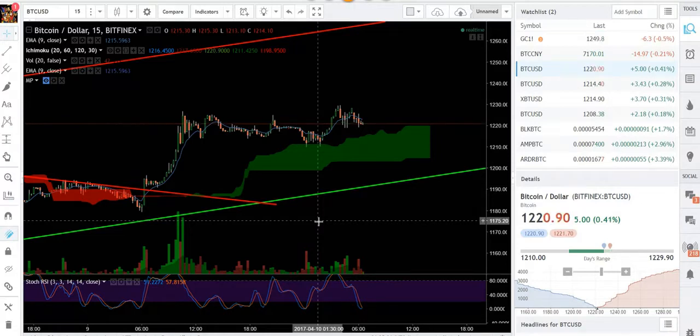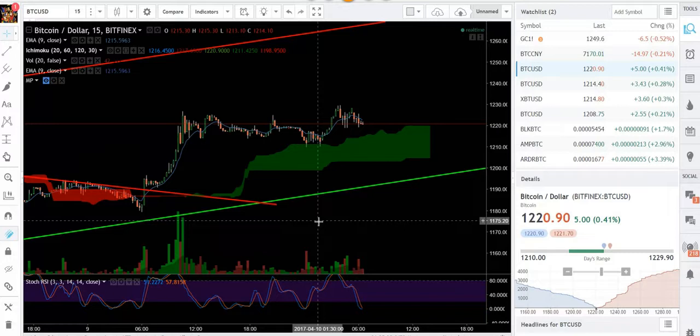I found in the past that when you rely on one line crossing another as an indication of a trade, you're using that indicator to tell you there's a trade setup, and I don't really use indicators for that. It also makes the screen very full of extra lines and stuff. It gets really cluttered really easily when you have all of the Ichimoku settings on there.